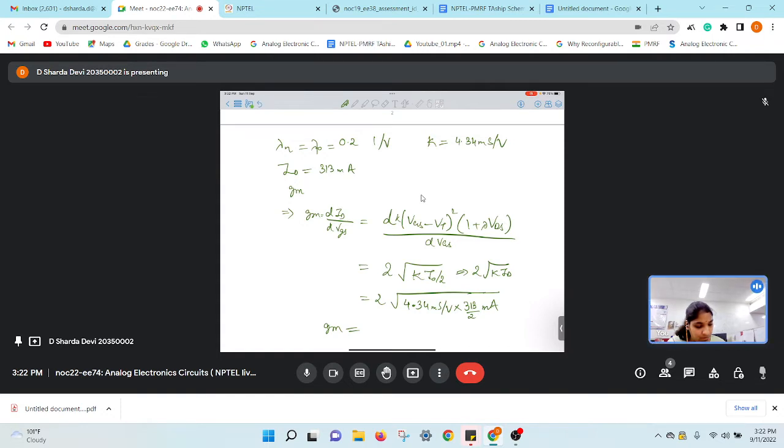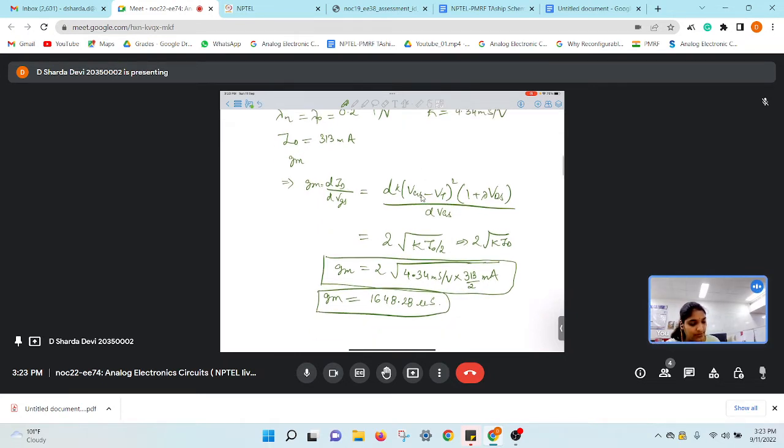When we solve this expression, we get 1648.28 micro Siemens. Right. Correct. So this is what we are getting.